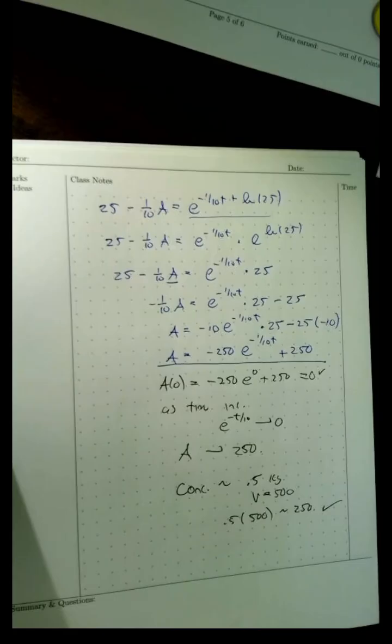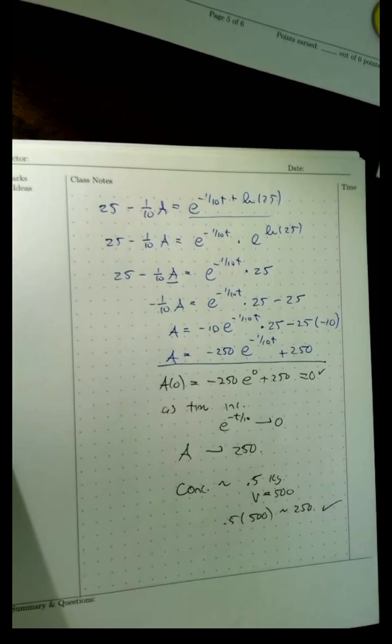Now, I was not given any information about what was there initially. Let's suppose I'm told that there's no salt in the tank initially. We might say this is fresh water, so there's no brine or no salt in the tank initially. If I had something like this, I now have my ODE and my initial condition.